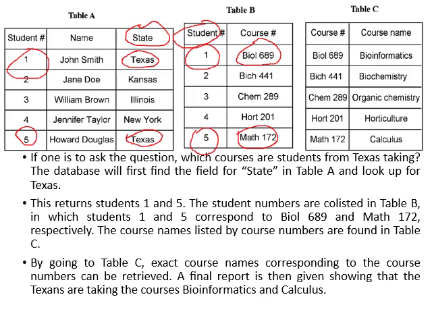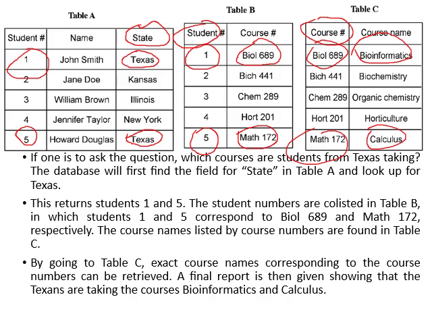Now you can see the course number column is co-listed in table C. The course number column is common; it is present in table B as well as in table C. So again, the database will find out that Biol 689 is actually bioinformatics, and Math 172 is actually calculus.